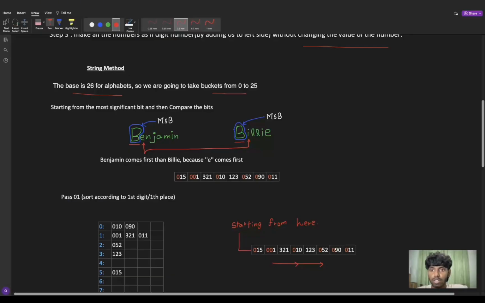Benjamin has the E and Billy has the I. Obviously E comes first, then I. Therefore Benjamin comes first, then Billy. This is the method that we are using for strings.